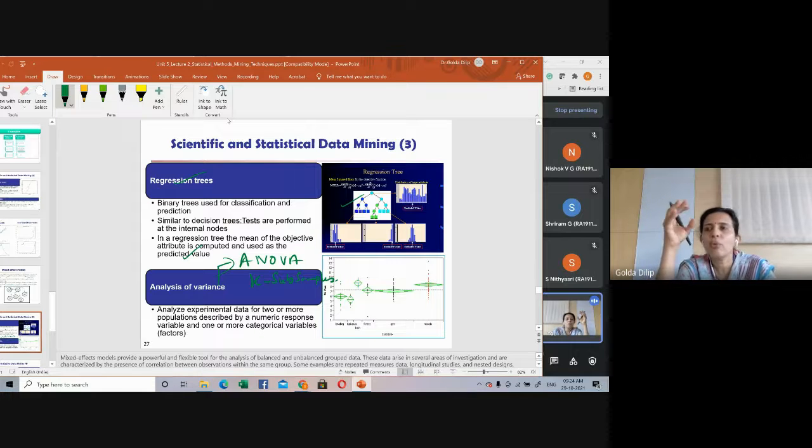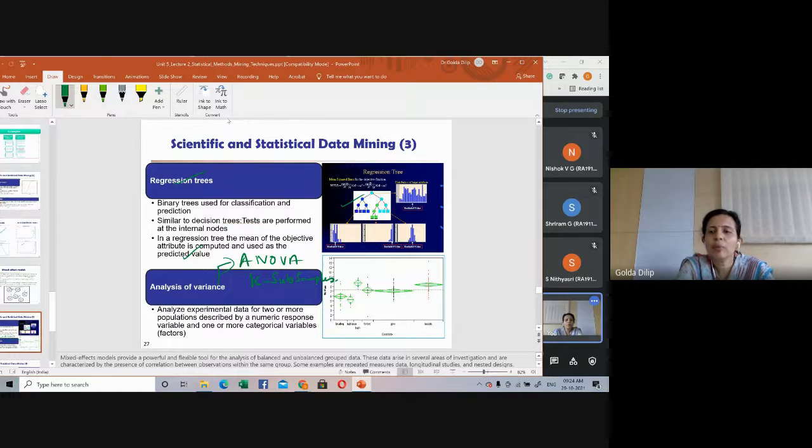Whatever systematic procedure you follow to accomplish this is called your ANOVA test, your analysis of variance. With the help of this sort of partitioning, testing of hypothesis and other things can be performed. So, analysis of variance stands for ANOVA.